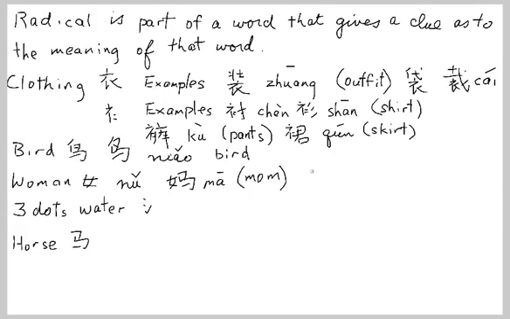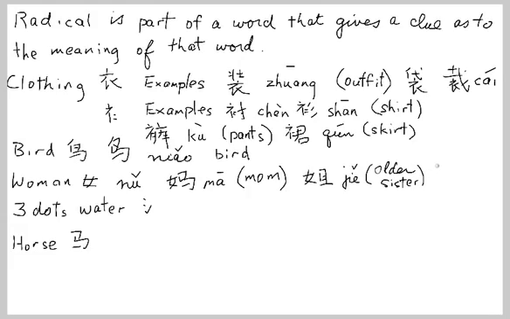And then your older sister, again this radical, and then you go to that radical section, 1, 2, 3, 4, 5, 姐, pronounced in the third tone, 姐, and it means older sister, again a woman.